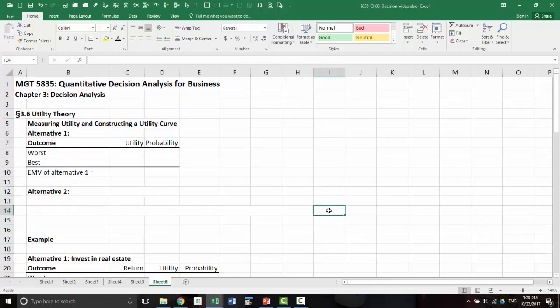For that, we have to come up with some sort of objective utility scale, and that scale can be anything. It should have a smallest possible utility value and largest possible utility value. The most logical, rational way of assigning utility is to simply use 0 to 1. So you would assign the worst possible outcome a utility of 0.